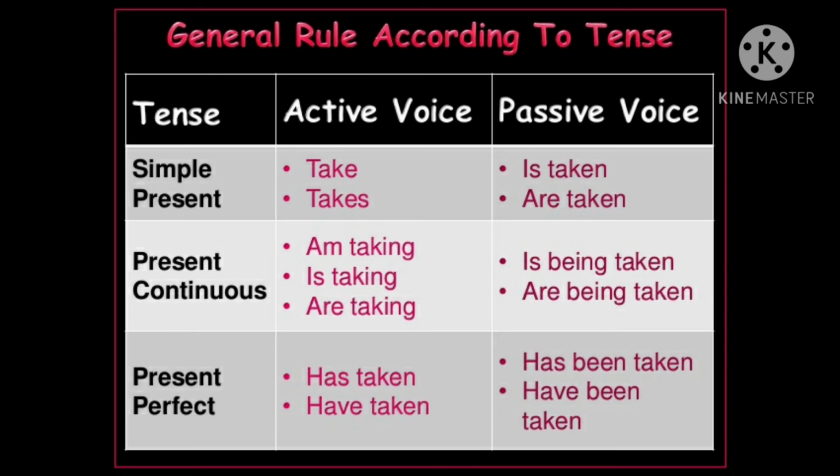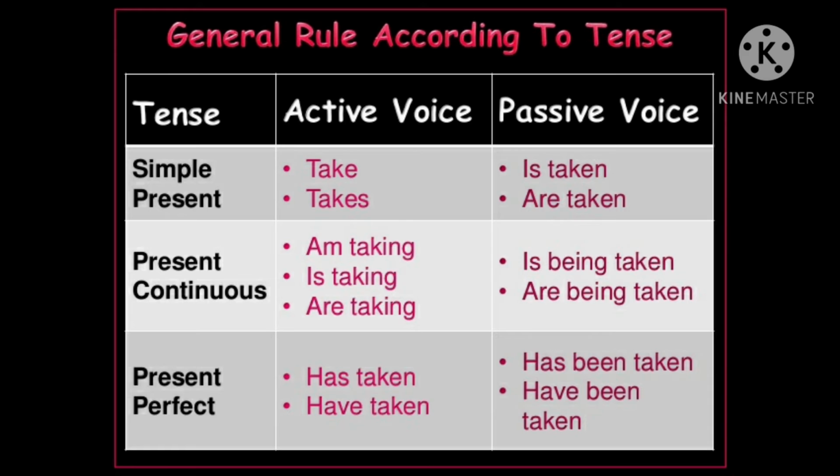In present continuous, you can see in the picture, am, is, are, taking. In continuous, we put ing, am, is, are, taking. It will be changed into is, am, are plus being plus v3, which means taken. In present perfect, has, have, taken.